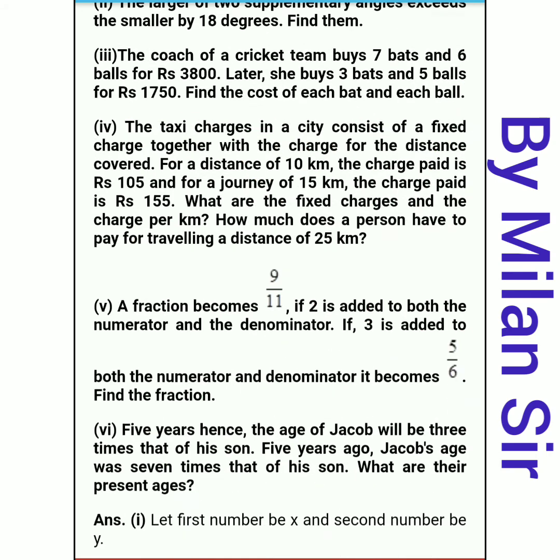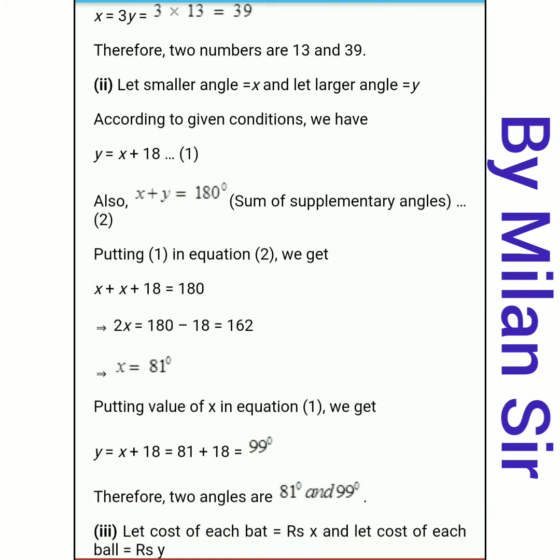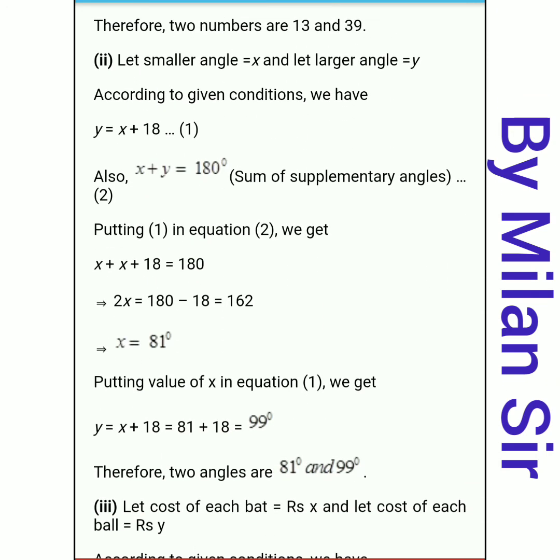So first of all, our two equations: x plus y is equal to 180 degrees, and x is equal to y plus 18, because we took the larger angle as x. Now put this value in equation number 1.